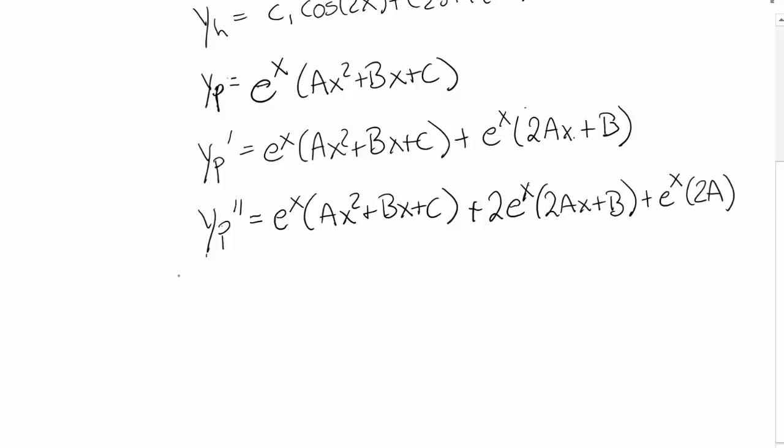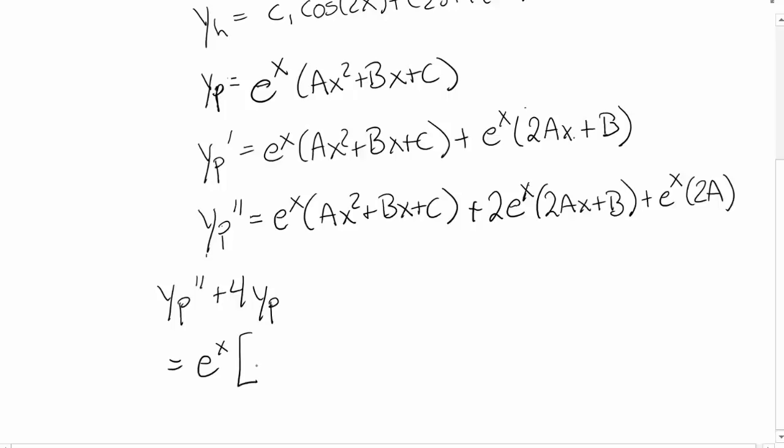Okay, so my DE, left-hand side, the second derivative plus 4 times the original, is going to look like the following. Let me factor out the e to the x on all these because they all have e to the x. So if I factor out the e to the x from everything, what's left on the second derivative is ax squared plus bx plus c, plus 4ax plus 2b, plus 2a.